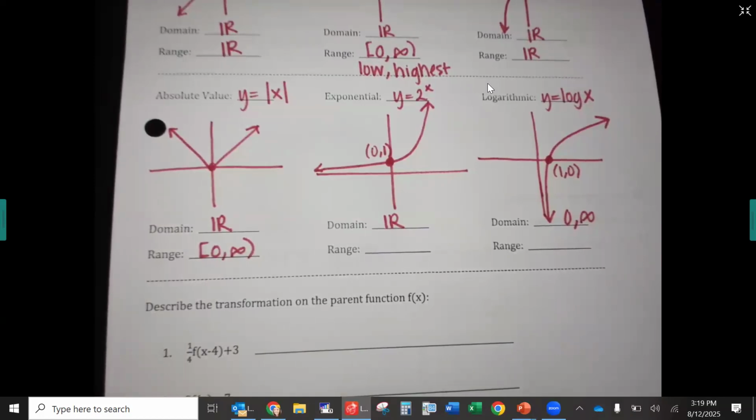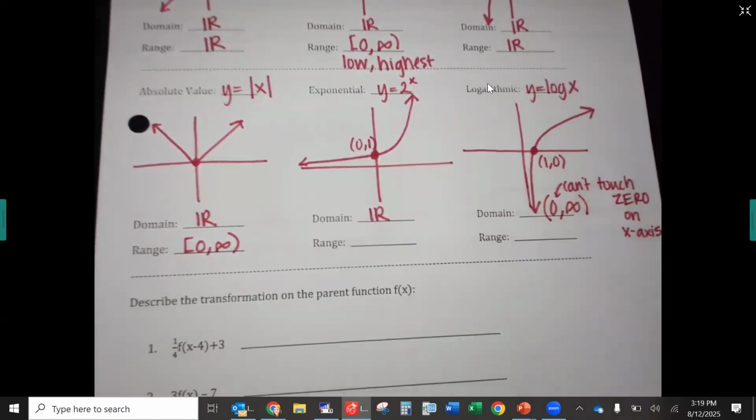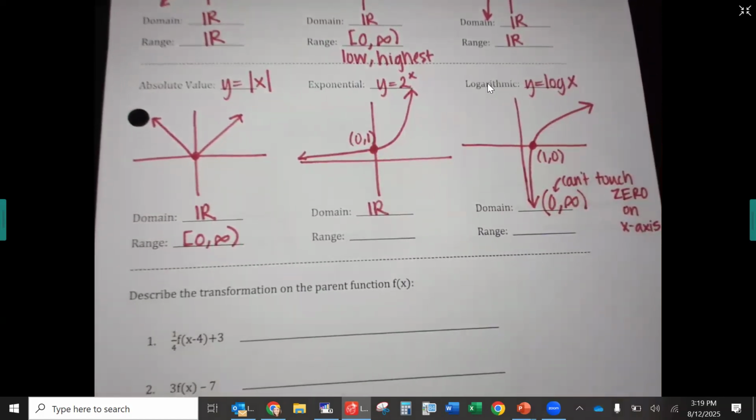And for the 0, you're going to use a parentheses, because technically you can't actually touch 0 on, let's say, the x-axis. So that is how come we're giving a parentheses instead of a bracket.